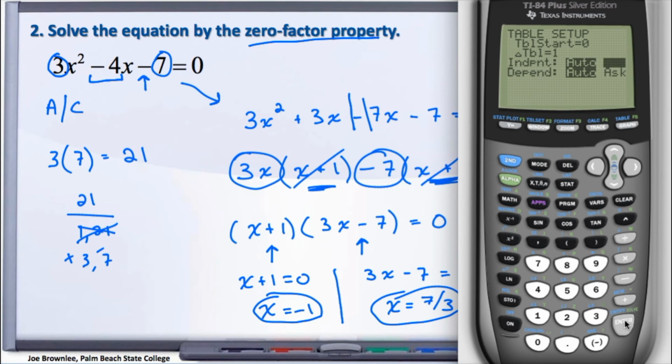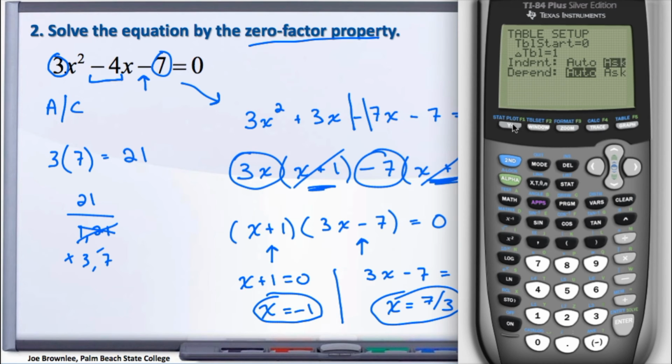So I'm going to scroll over and hit enter on the ask, and now the calculator is saying, all right, the independent variable, I will ask you to enter something, and the dependent variable I'll go ahead and figure out for you. And if this doesn't make sense, don't worry about it. I think it will make a little more sense here at the end when we test our solution. So just make sure that your table set looks like this. The independent is on ask and the dependent is on auto.